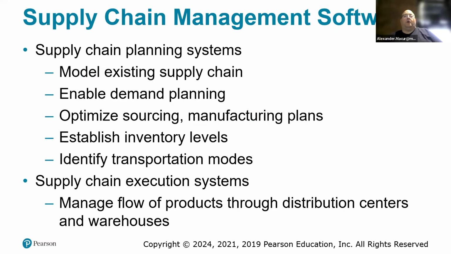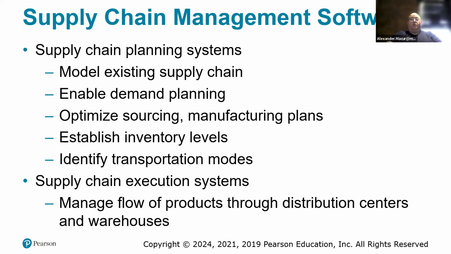So, supply chain management software models a company's existing supply chain, or as close as it can. It enables demand planning so we can plan forward. It optimizes procurement, matching manufacturing, or sets our inventories based on whether we want that safety stock or not.